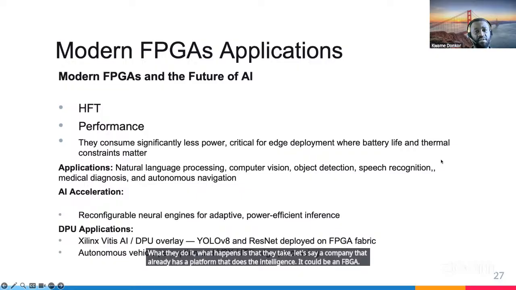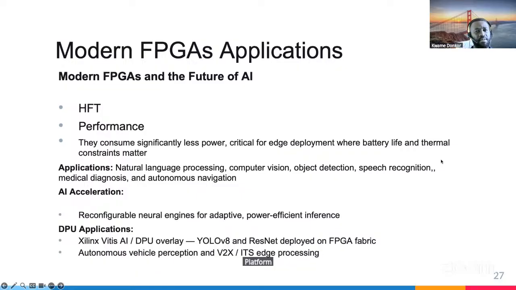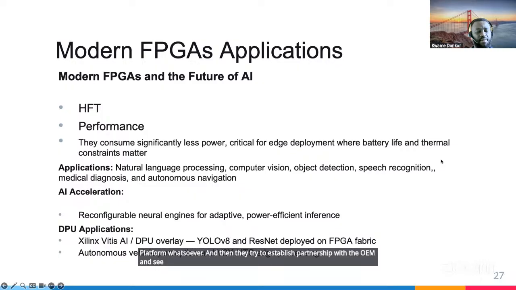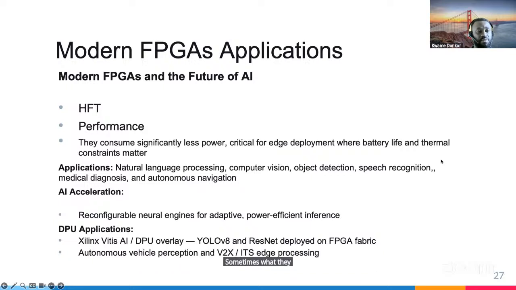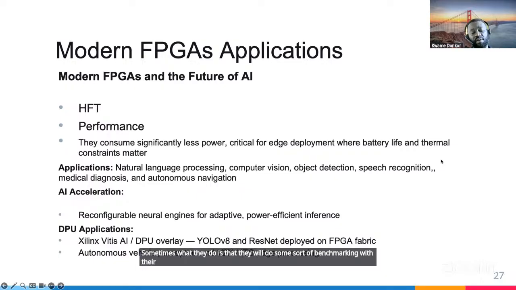It could also be an NVIDIA, it could be Mobileye, it could be any platform whatsoever. Then they try to establish a partnership with the OEM and see how they can define a model that suits the OEM's requirements and run it on that particular platform. Sometimes they benchmark their specific model on various hardware platforms to see which has the best performance, and then they go on with it.